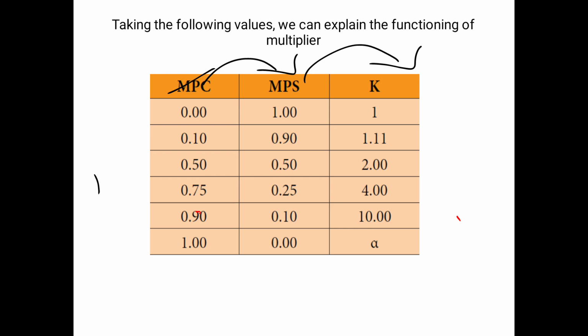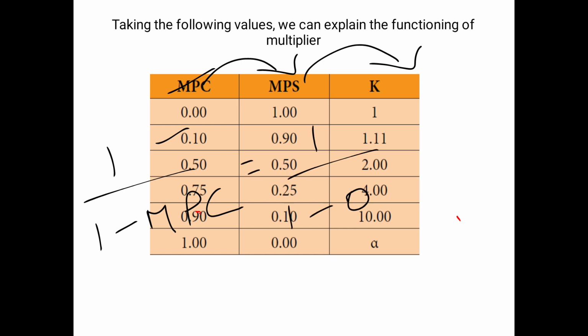For the second one, you take 1 divided by 1 minus MPC. So 1 divided by 1 minus 0.10, which is equal to 0.90.